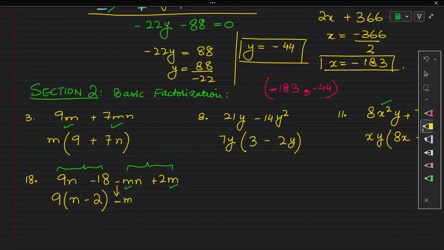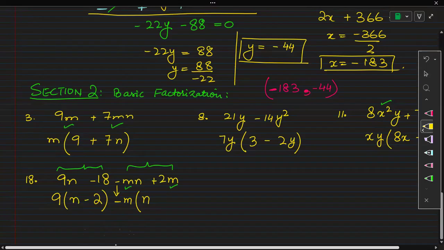And the moment I write m here, I will put a bracket and then I will write n. Look at the sign of n. I have made n positive. Why? Because over there, mn is negative. Once I write a negative sign before the bracket, I have to change the sign of the terms which are going to be written inside the bracket.